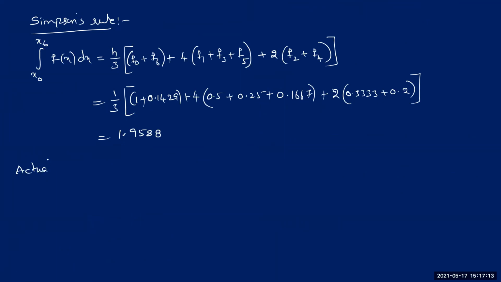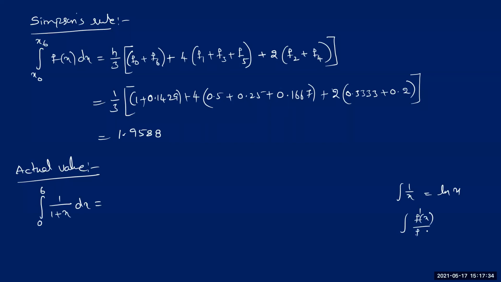Actual value. See, the question is this: integration from 0 to 6, 1 by 1 plus x dx. I hope you remember when we integrate 1 by x, it's nothing but log x. In a similar way, when you have f dash divided by f, then its integration is log mod f of x.